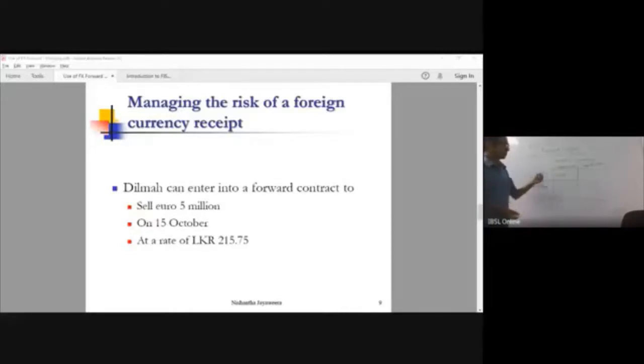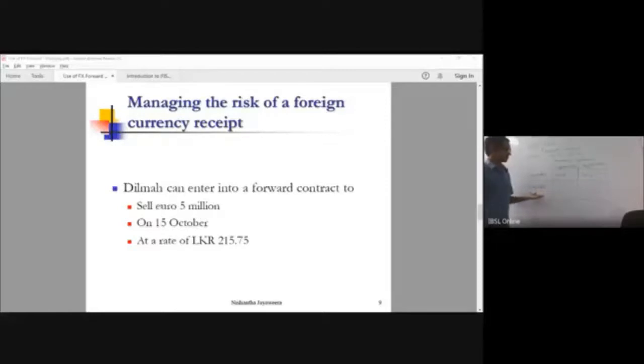So as an importer, he prefers that; he gains. But if the local currency depreciates, he is losing as an importer, because the importer has to pay more in terms of domestic currency. The reverse is true for an exporter.